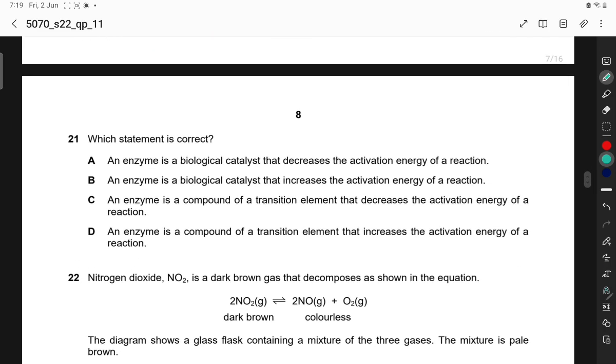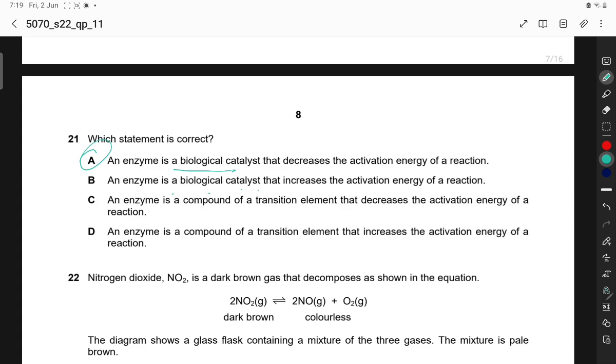Which statement is correct? An enzyme is a biological catalyst that decreases the activation energy. Yes, an enzyme is a biological catalyst which lowers the activation energy of a reaction.